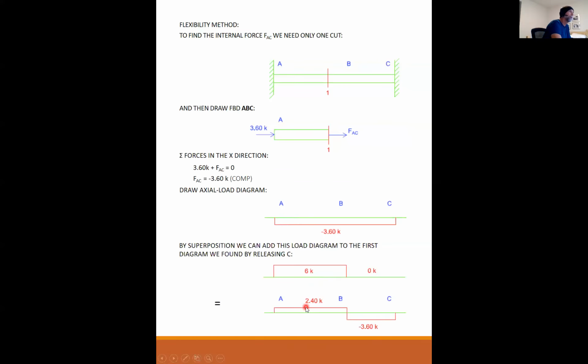Before I do that, let me go back here. So it shouldn't be surprising. We get exactly the same answer as we did using the compatibility method. I'm going to stop for a minute. Anybody have any questions for me?